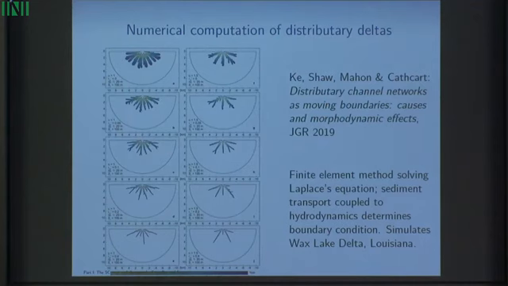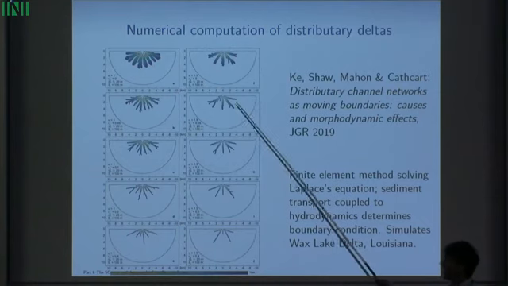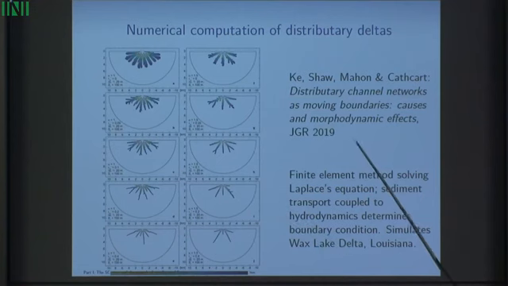A recent paper I found in the Journal of Geophysical Research models these distributary networks and river deltas for various parameter regimes. Their ambition is to model Wax Lake Delta in Louisiana. I don't know if anyone here is familiar with that particular delta. Anybody?